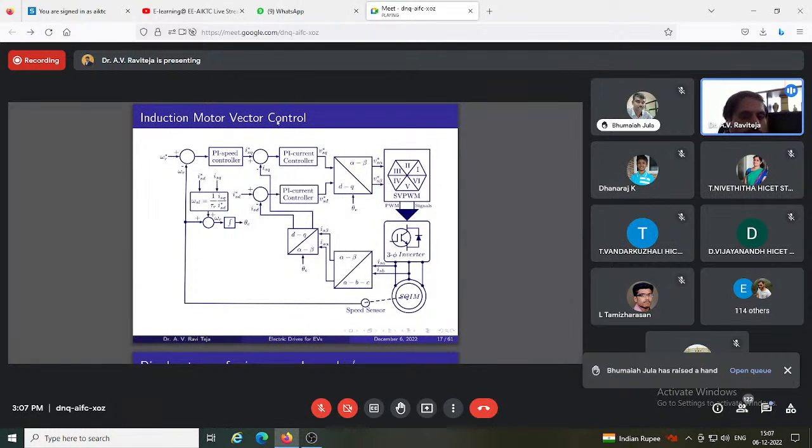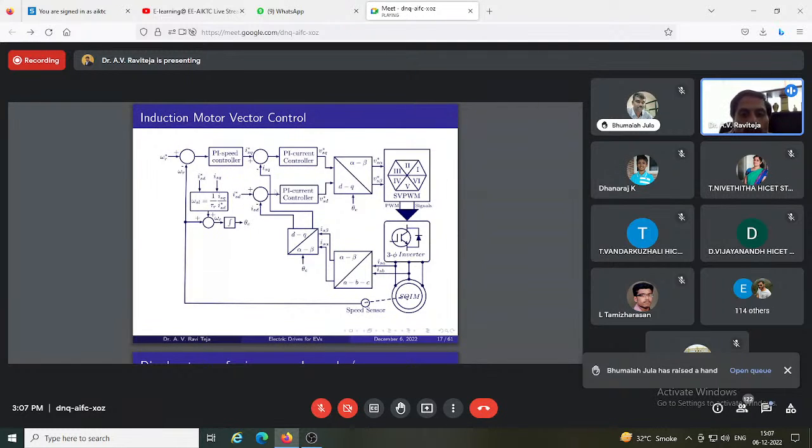So then came induction motor vector control. In this, actually, we try to go to the flux vector and make it constant. And in the rotor flux orientation, if I do, I_sd star is nothing but the flux reference directly.